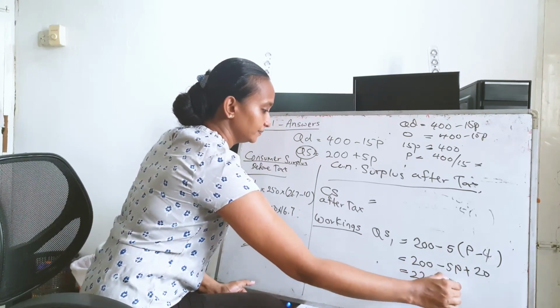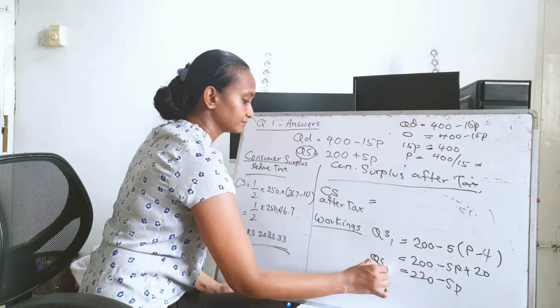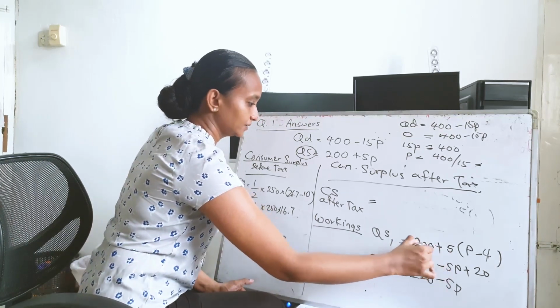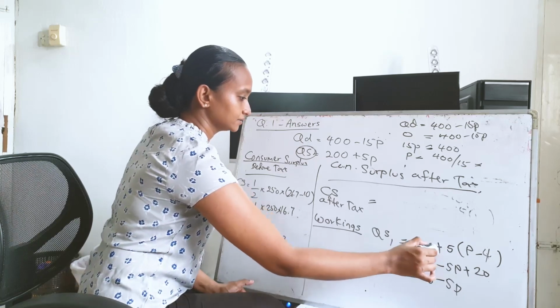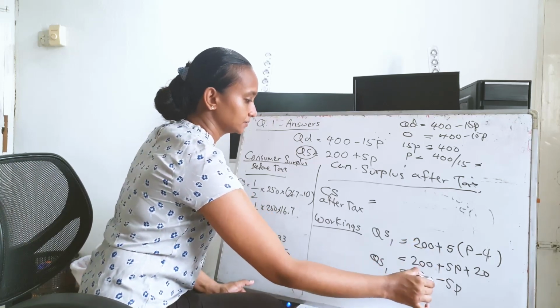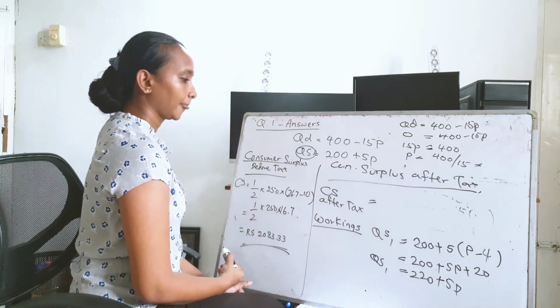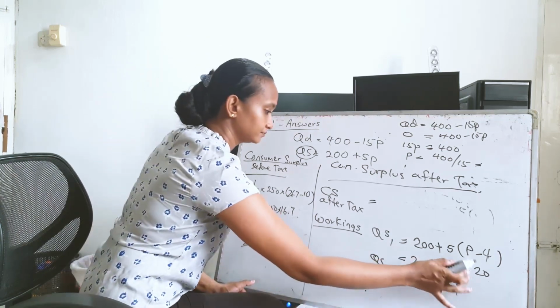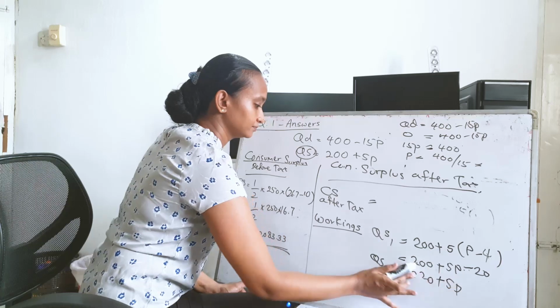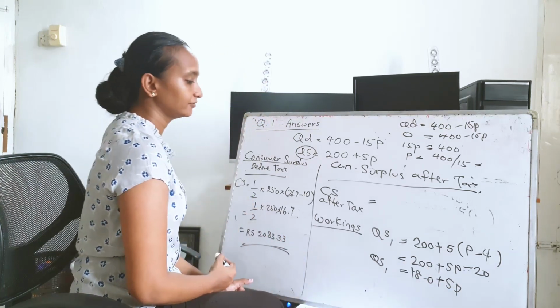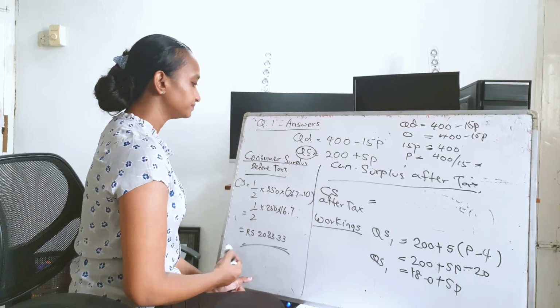So 200 plus 5p minus 20, that is 180 plus 5p.